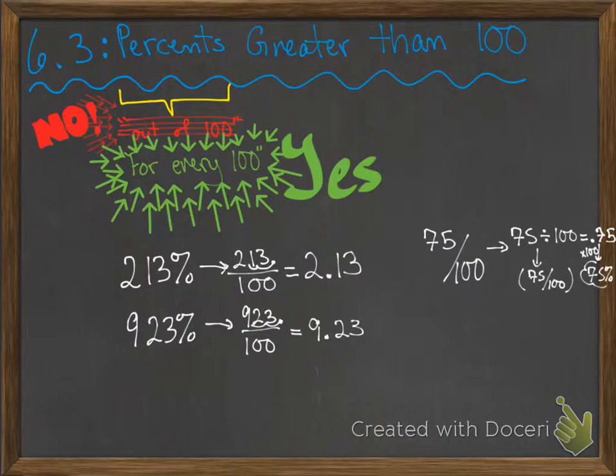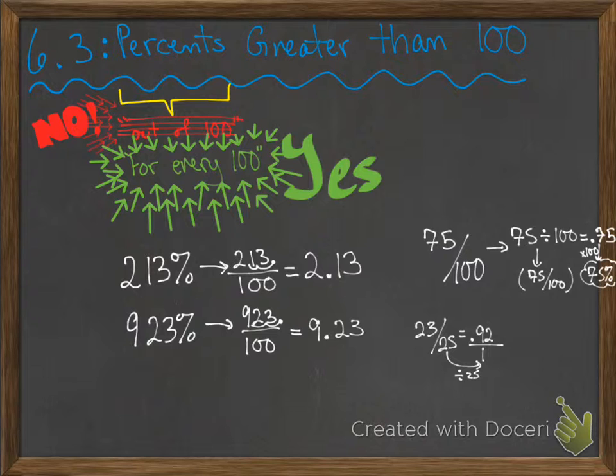This was an easy example because if you had 75 questions right out of 100, it's easily 75 out of 100. But if you had 23 out of 25, and you type that into your calculator, your calculator would tell you 0.92. Well, you didn't get 0.92%. You got 0.92 out of 1. This is like if you scaled your fraction down. How do you go from 25 to 1? You divide it by 25.